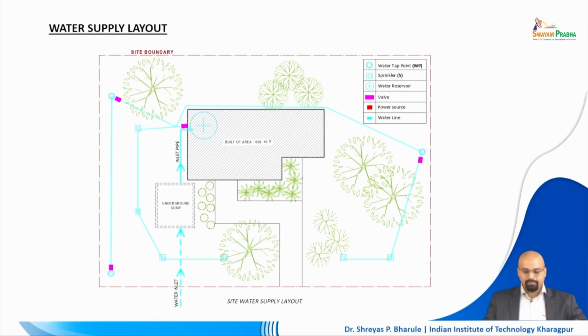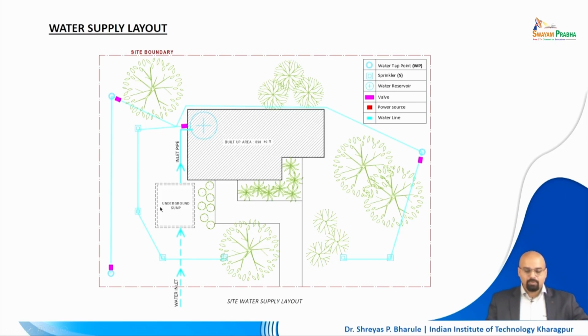So, going further, if you have your building layout, in the built up area you will have several different locations wherein you would require the water supply to be connected, right. In this example, if you see the dashed line, this is where your water inlet is coming in, and it is going directly into the underground water sump, right.